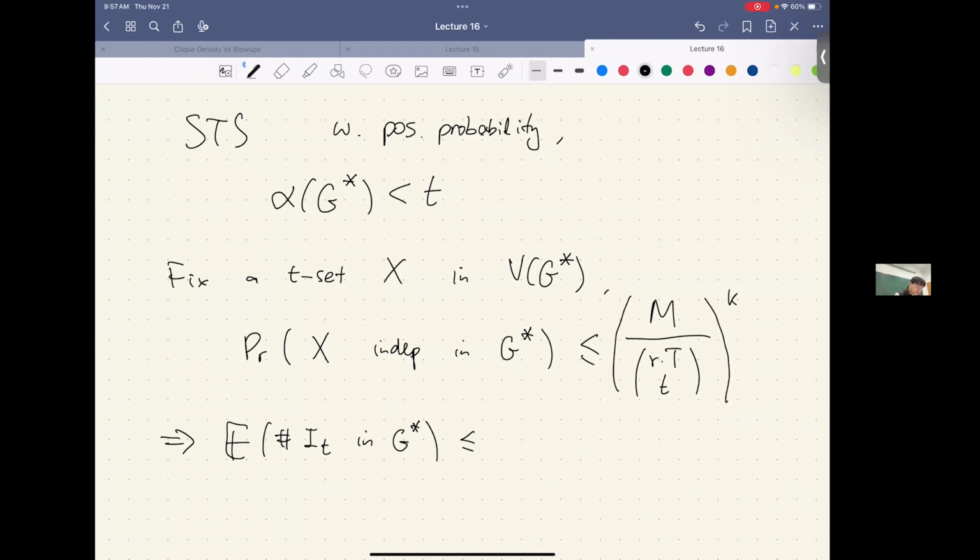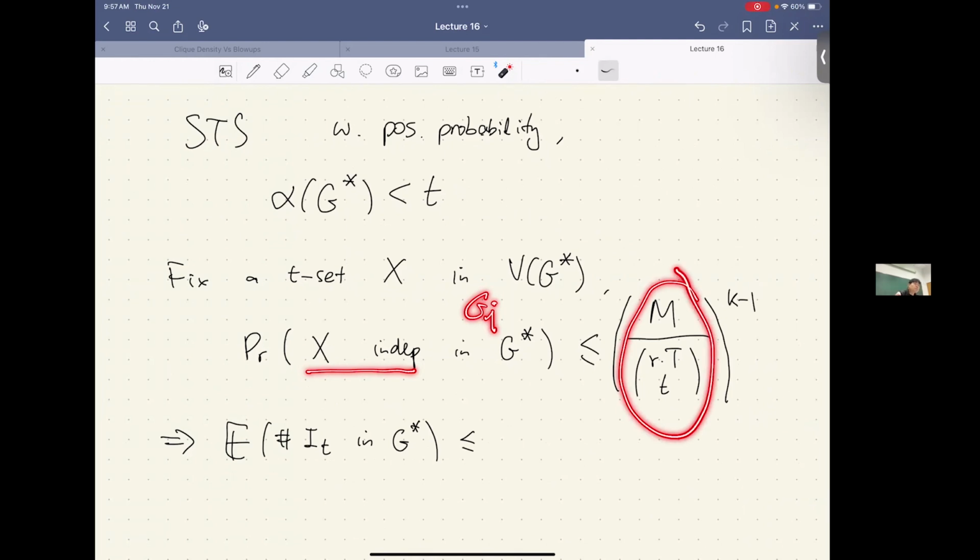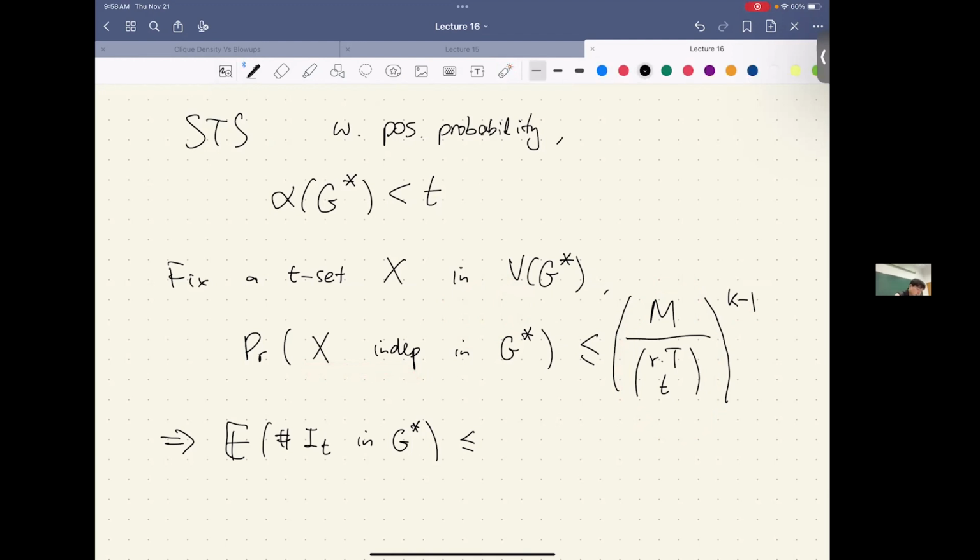You need to raise it to the power K minus 1. Why? This is independent in each GI with probability this, and we take an independent permutation of each GI. There are K minus 1 copies of them. So X has to be independent in every GI.